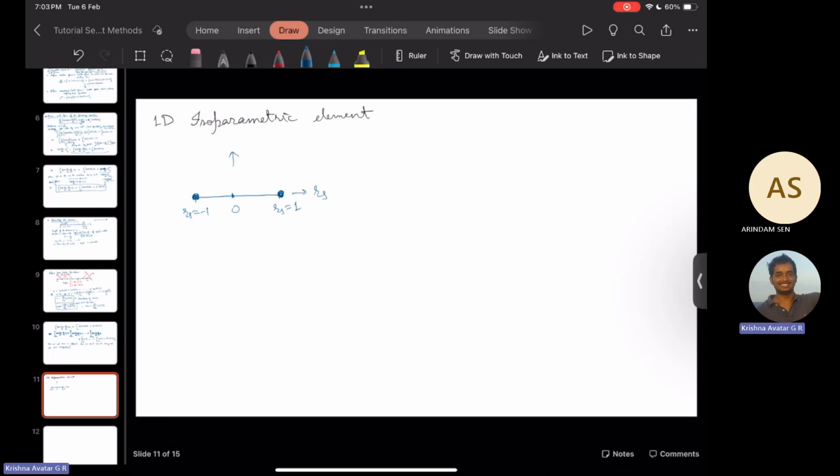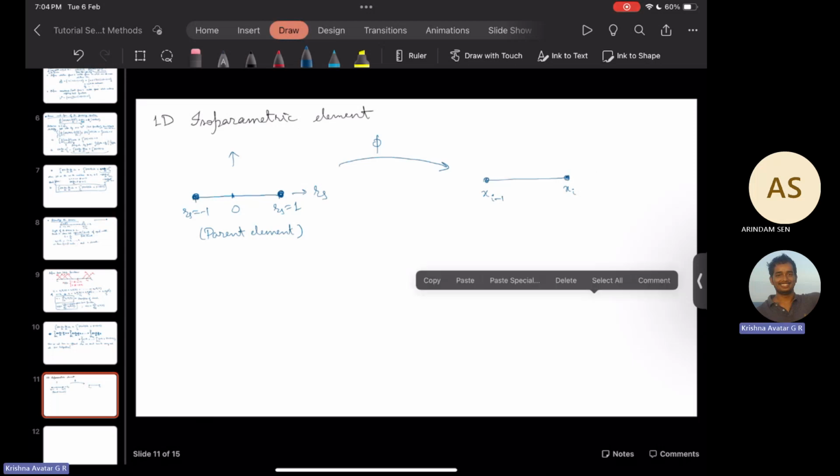This is called a parent element. This will map, through some mapping function phi, to one element of our domain, xi to xi plus 1, or to be more clear, x(i-1) to xi, because that's how we have named our domains, right? So this is what we call the physical element.